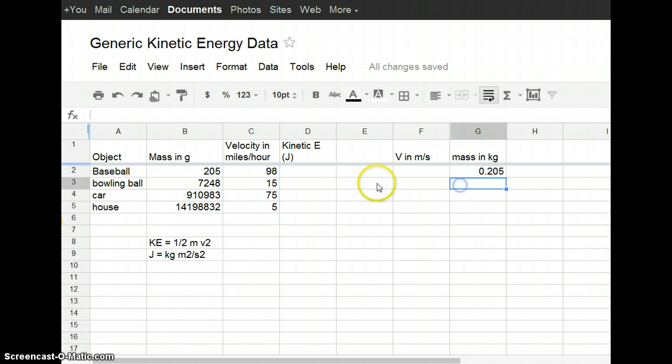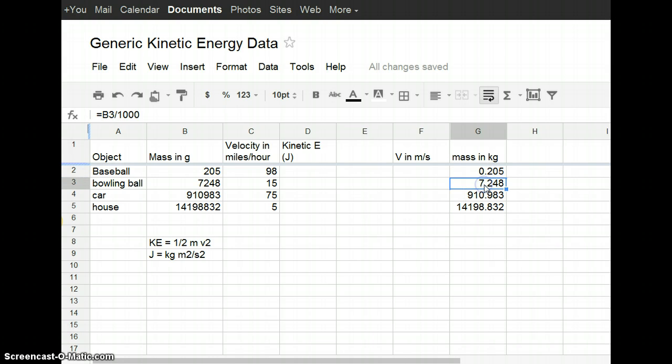Now, I need the masses of all of these in kilograms, and I don't want to have to retype all of that. So if I go up to this cell, I hit Control C, and then I highlight these by holding down the Shift button and then arrow down, and then I hit Control V. It's just a copy and paste.